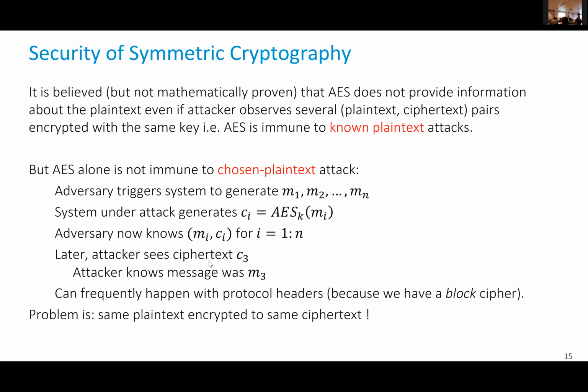Then if you've sent the message M3 to the encryption and you've seen the ciphertext C3, the next time you see C3, sent perhaps by some other device than you, then you know that what was sent was M3. Right? That's if you can have access to forcing the cipher to be applied to your message.